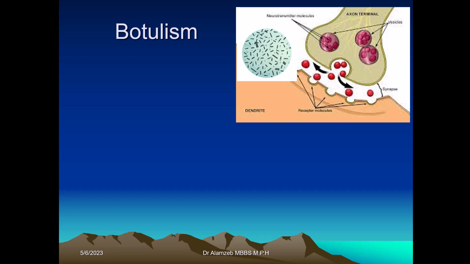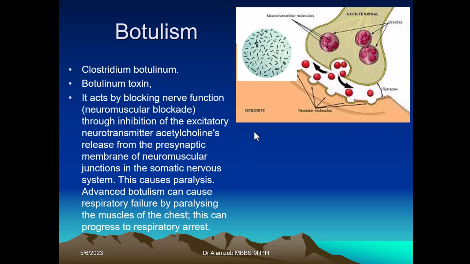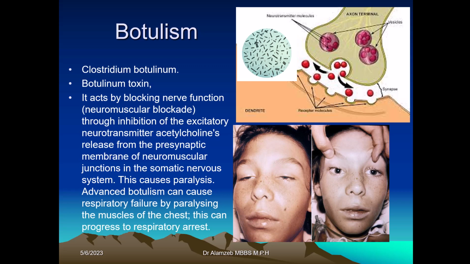Botulism is a poison produced by a bacterium called Clostridium botulinum. This is the botulism patient. You can see here also the facial muscles and eyelids droop due to the weakness.